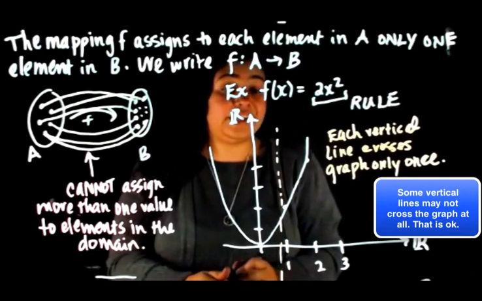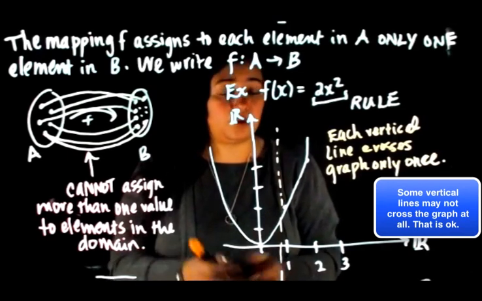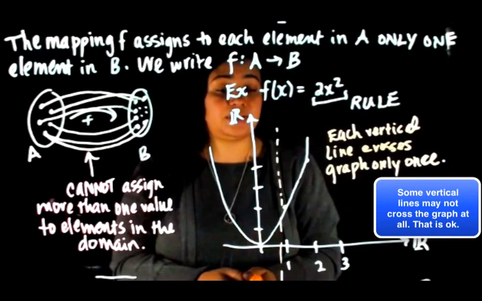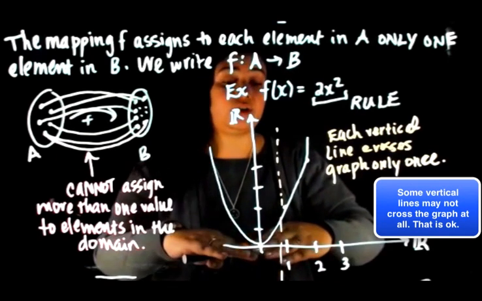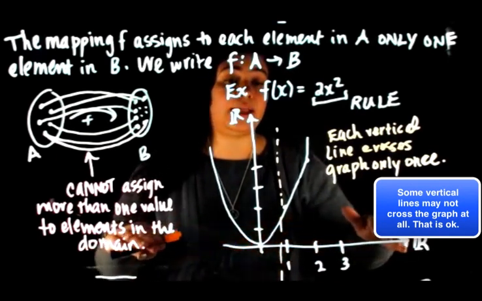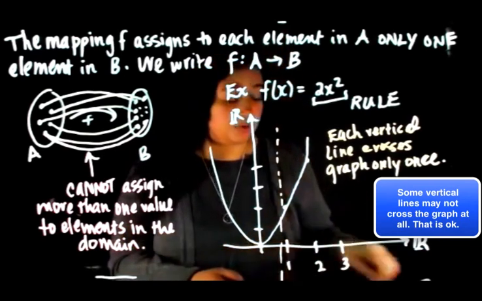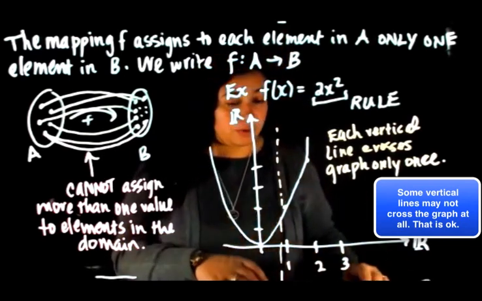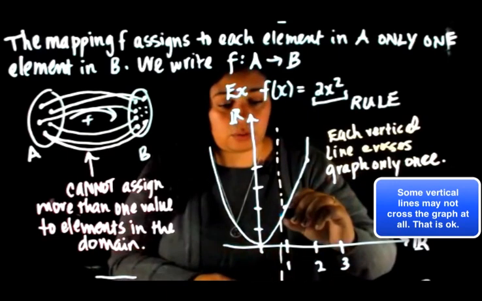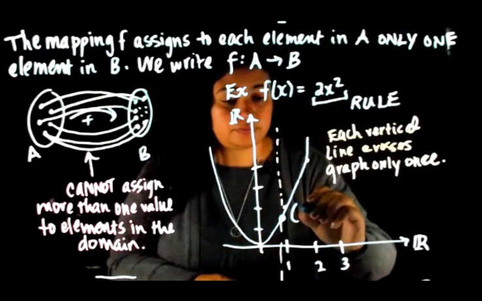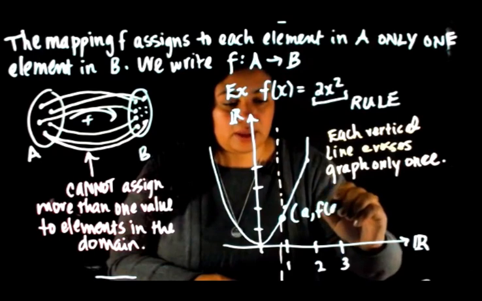This vertical line is checking, going back to the definition of function, that the assignment is so that each element in the domain is assigned to only one element in the range or in the codomain. Now, remember that your graph is a collection of ordered pairs, a, f of a.